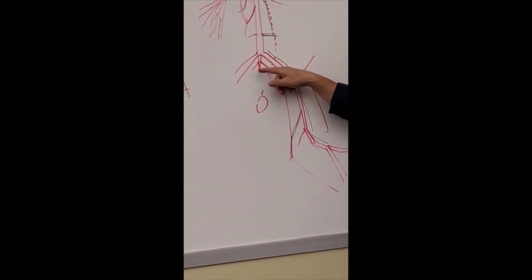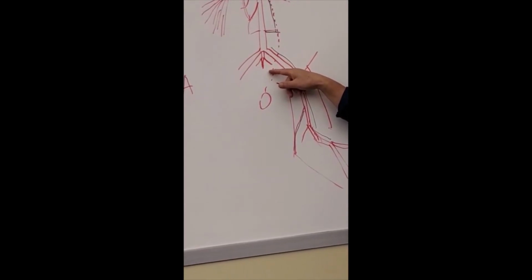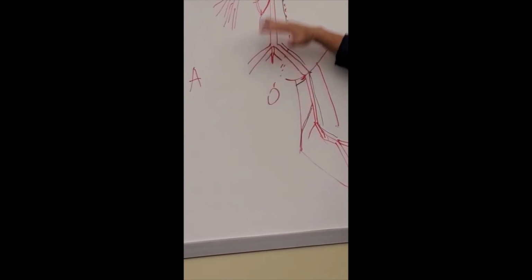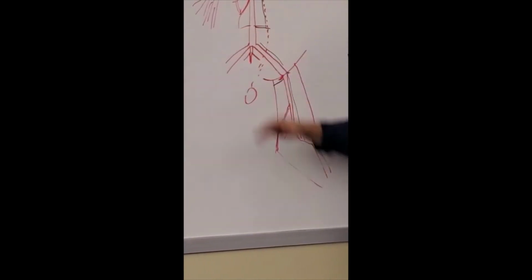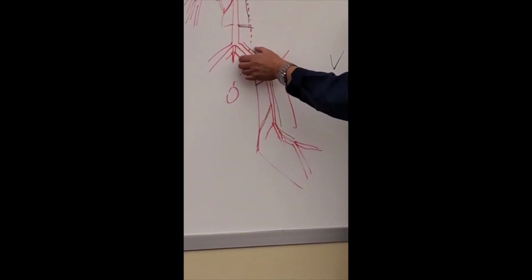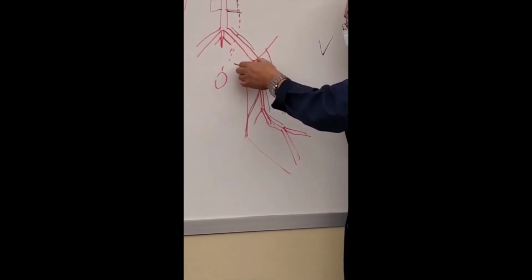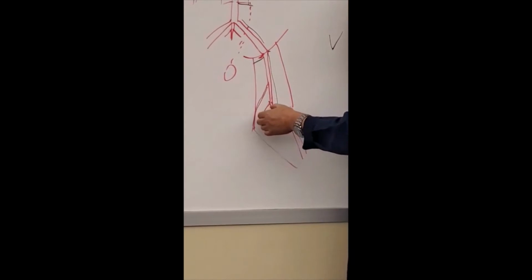Then you get the internal iliac and the caudal. Okay, so then all the blood vessels inside of the abdominal cavity. Okay, then external iliac get out of the body wall, getting to the side becomes femoral.